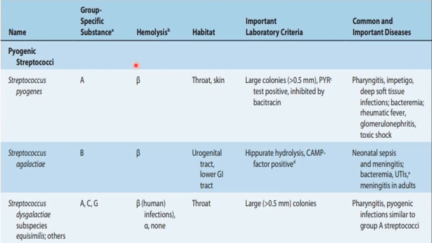Hemolysis also may be used, and I've taught you this already, as well as habitat, culture, colonial morphology, or ecologic characteristics. And laboratory criteria refers to the biochemical tests that I mentioned a while ago. Now, for examination purposes, you should be memorizing the entire table, as this will highlight the entire essence of the discussion. Anyway, we'll discuss this one by one.